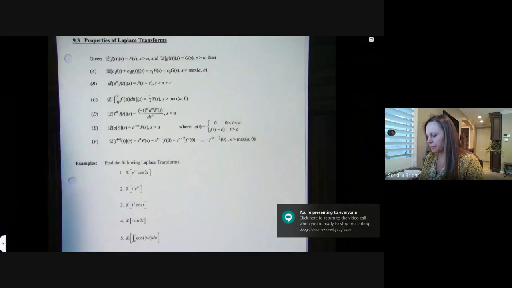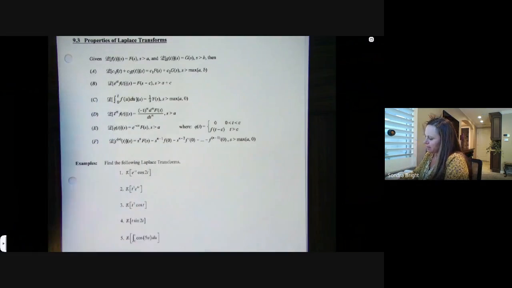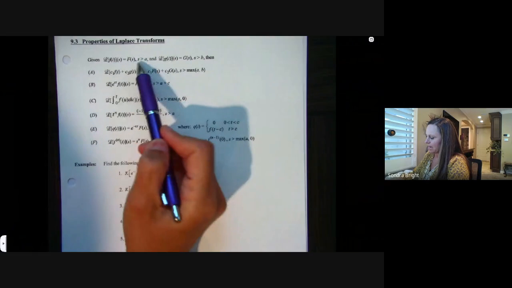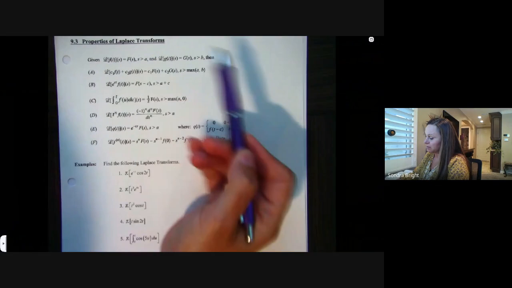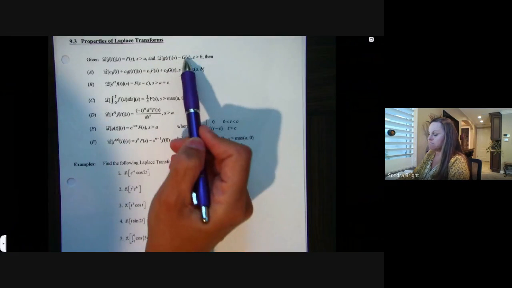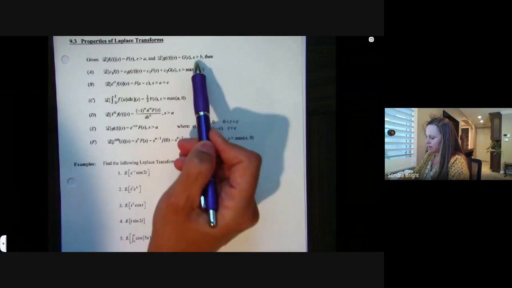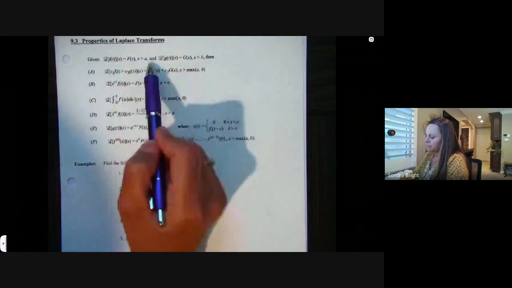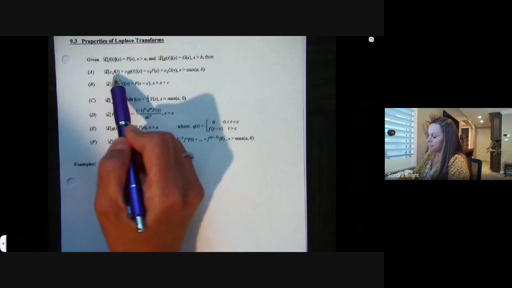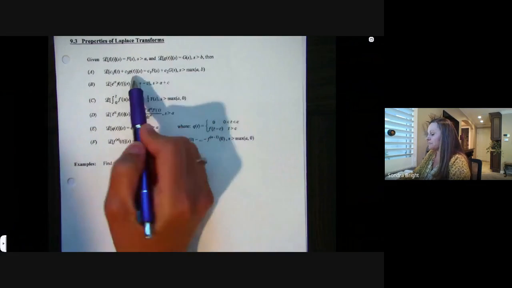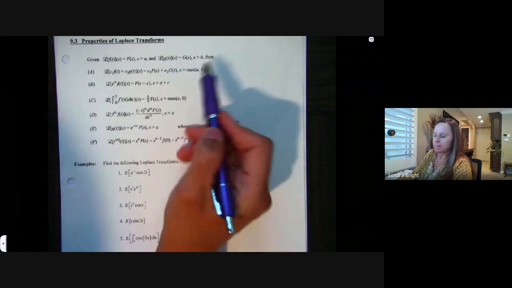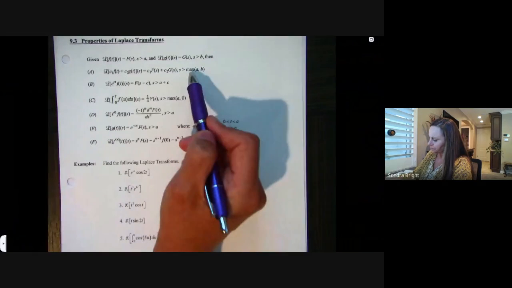Given that the Laplace transform of little f of t is capital F of s for s greater than a, and if the Laplace transform of little g of t is big G of s, where s is greater than b, so they may have different values here, then the Laplace transform of some constant times f of t plus some other constant times g of t will be that constant times big F plus the constant times big G, and your s will now be greater than the maximum of these two values.